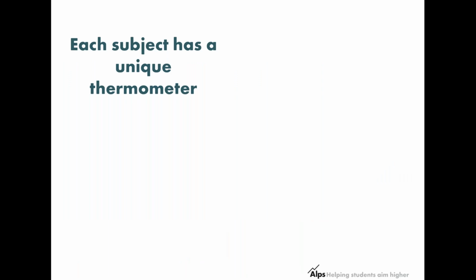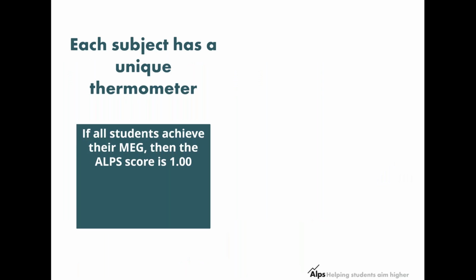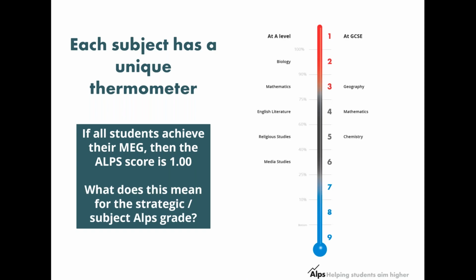Every indicator has a unique thermometer. If all students achieve their MEG, then we've already said that gives me an Alps score of 1.00, but what does that mean for my overall Alps grade?